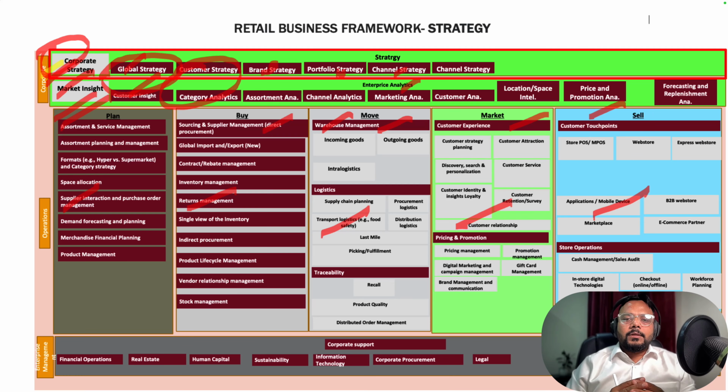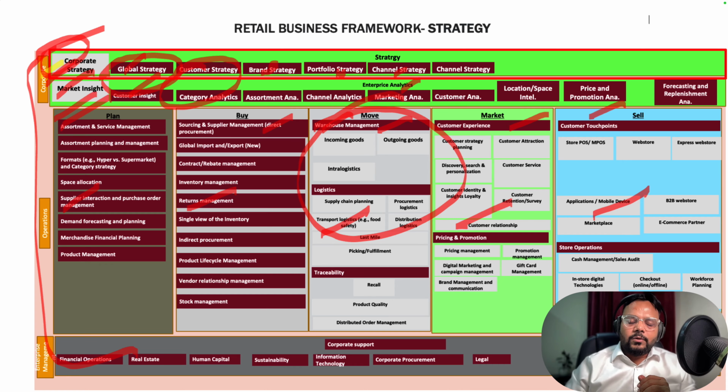I hope you are able to think like a strategist as part of this framework, and try to visualize where you can add value in the organization. That's just the beginning. Let's now move forward to see what we have in the next section.